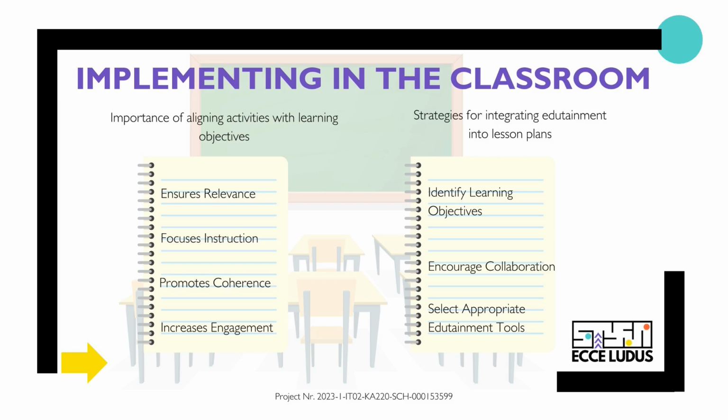Encourage communication, cooperation, and sharing of ideas among students. Choose edutainment tools and resources that align with the learning objectives and cater to the needs and interests of your students. Consider using educational games, simulations, multimedia presentations, interactive activities, or online platforms that make learning fun and engaging.